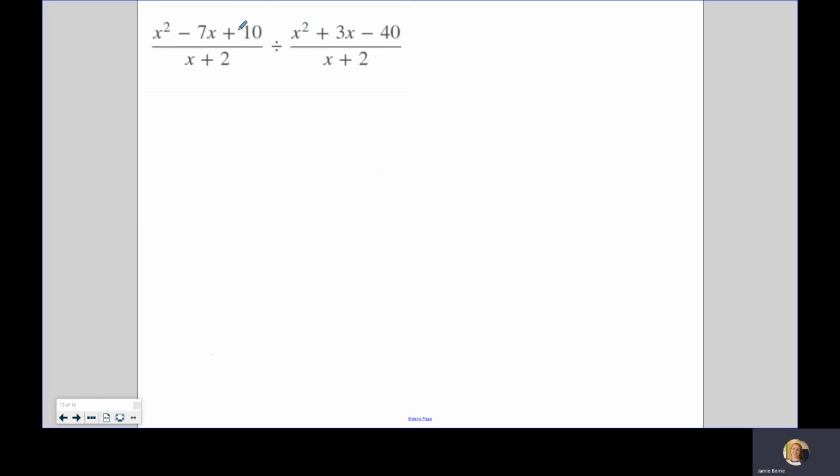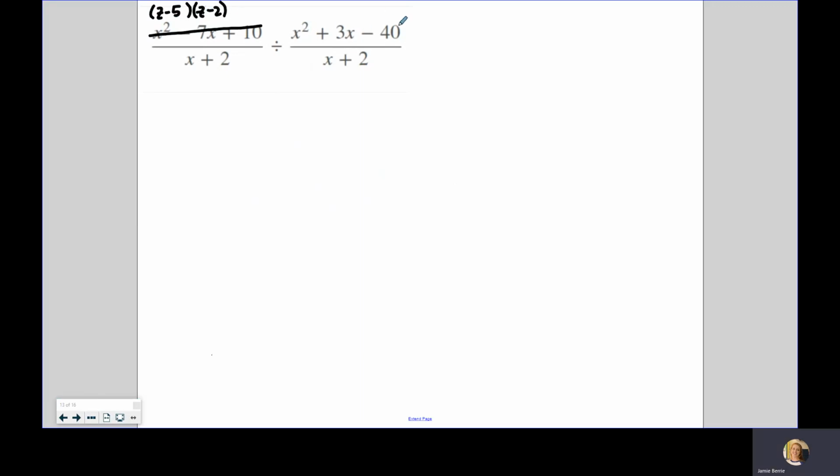In this first polynomial, you're looking for factors of 10, so things that would multiply to give you 10 and add to give you negative 7. So 5 times 2 would give you 10, or you could do negative 5 and negative 2, and those would add up to give you negative 7. Okay, so that's the factored numerator there.